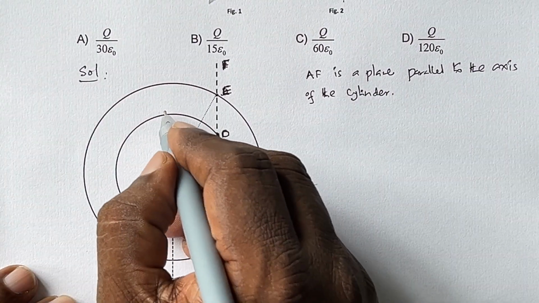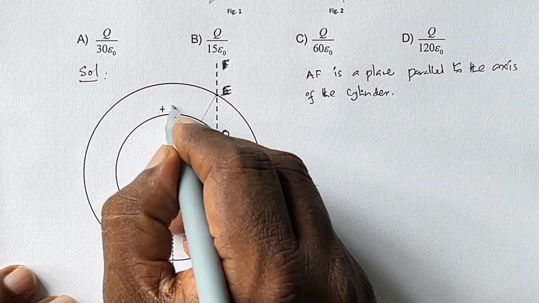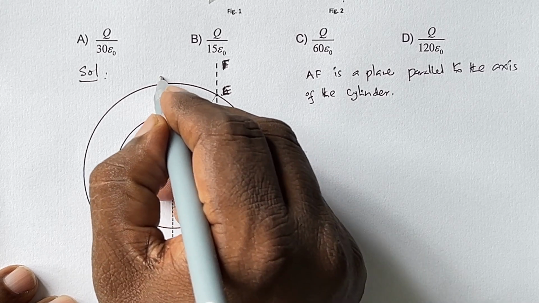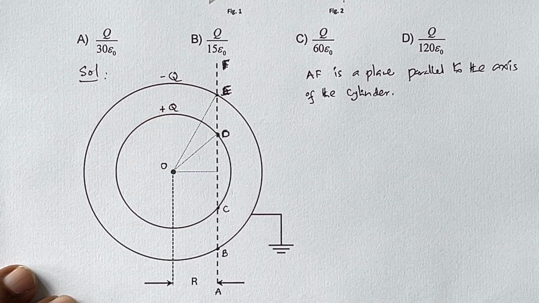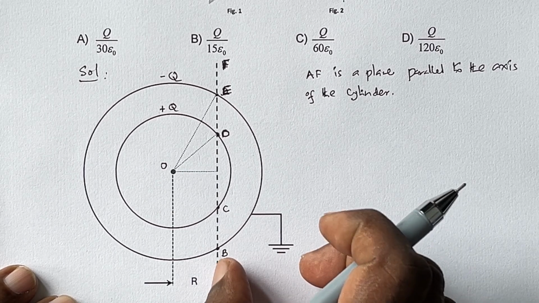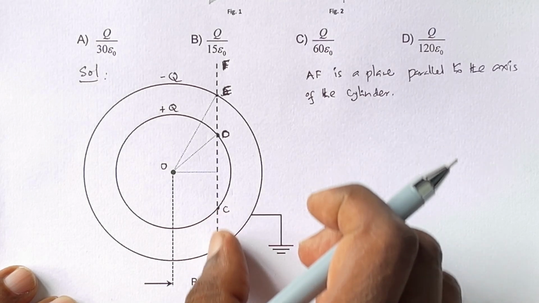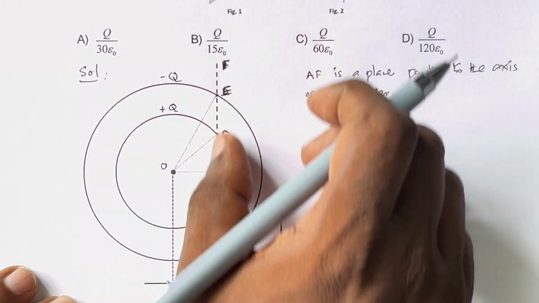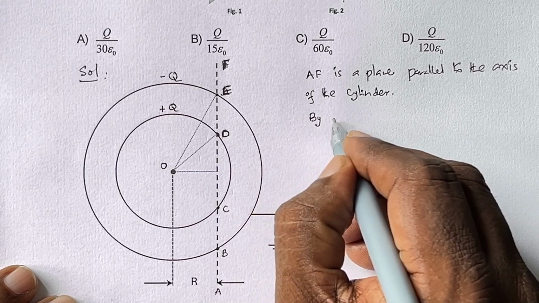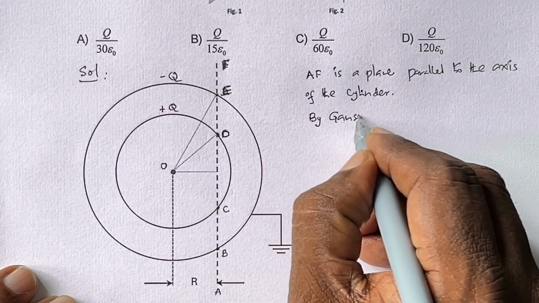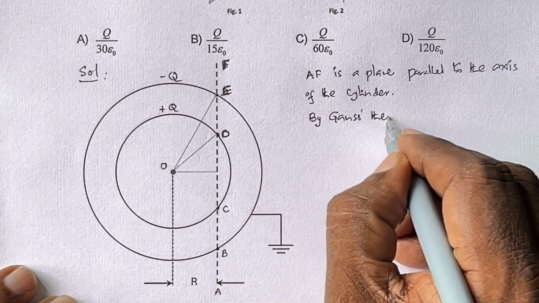The inner cylinder is given charge Q, so the outer cylinder has charge minus Q. This is what is given. Now we have to calculate the flux through this plane, so I will use Gauss's theorem.